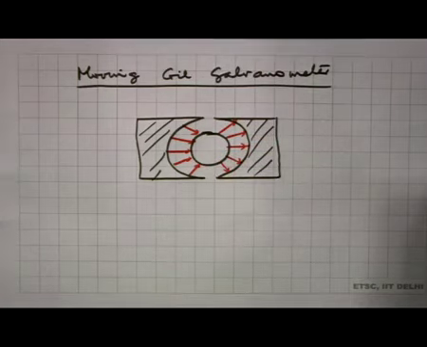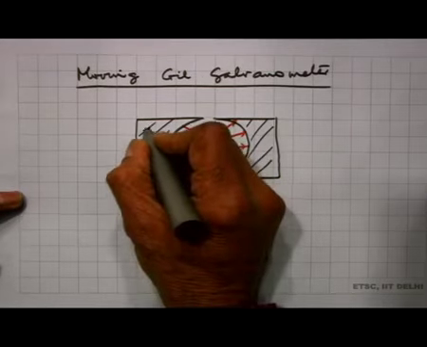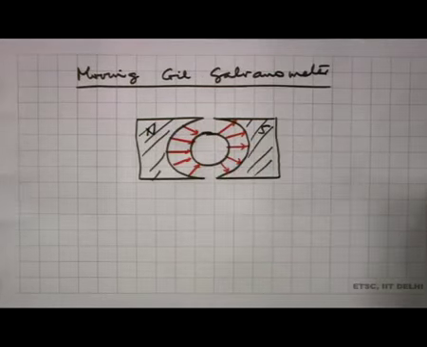So, this particular portion acts like the north pole, here is the south pole. So, magnetic field lines go from this side to this side through the soft iron core.